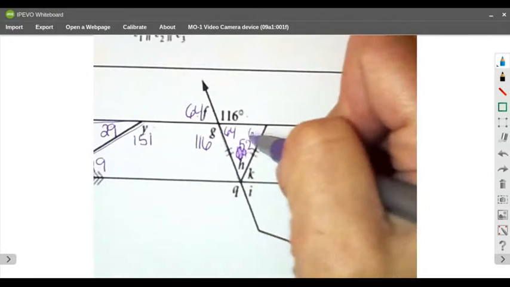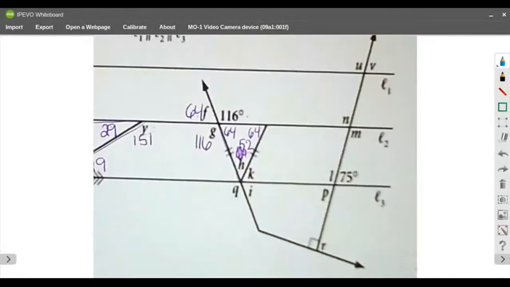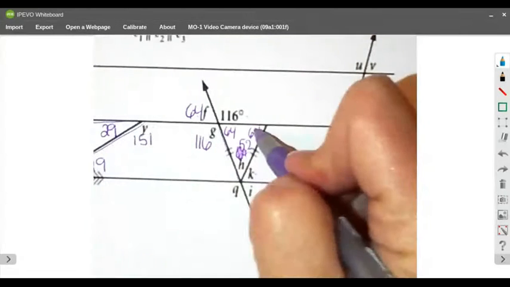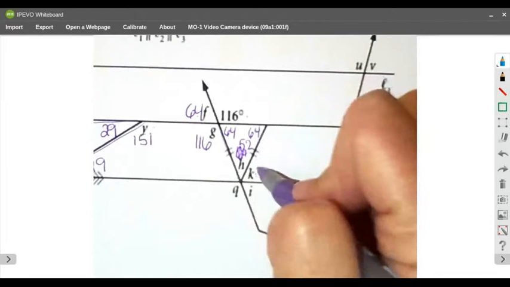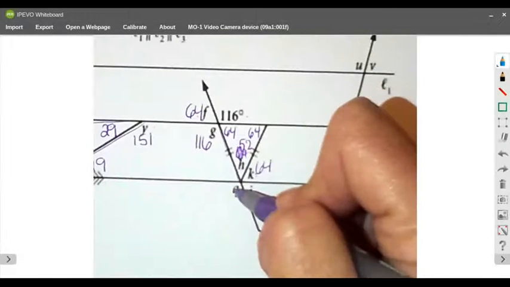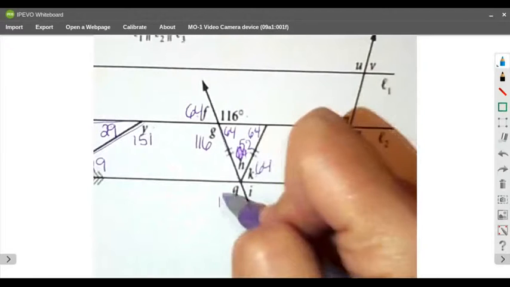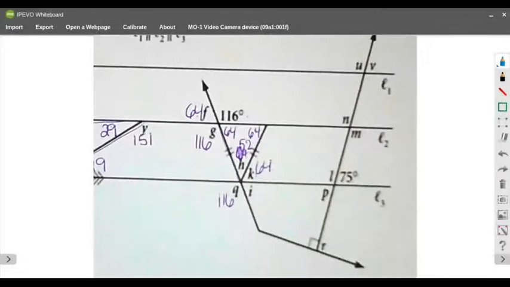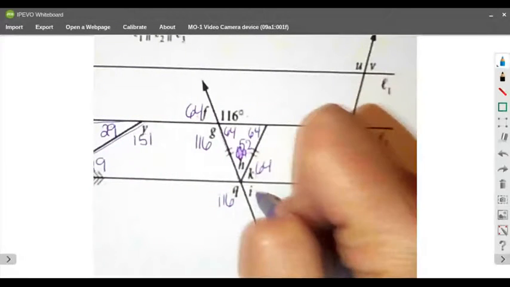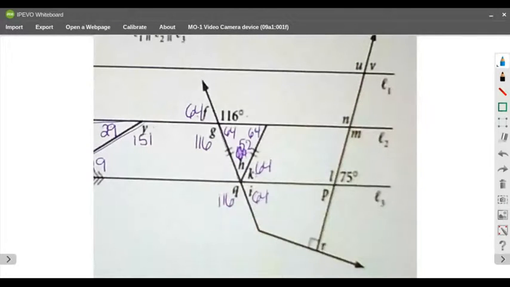So that's why I told you that H was 52, because I figured you wouldn't know that. So H is 52. K I see is alternate interior with this 64. G and Q are corresponding, so that'd be 116. And then these two, Q and I, are a linear pair, so that would be 64 because they add to 180. That takes care of that middle part.